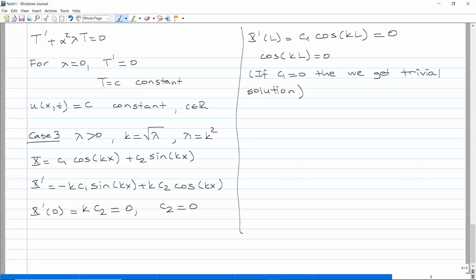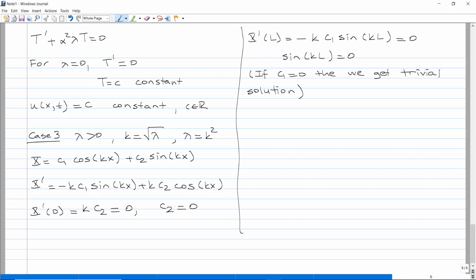Wait, no, I'm sorry, in x prime, C2 is 0. What am I doing? In x prime, it is minus k C1 sine of KL equal to 0. So I get sine of KL equal to 0.